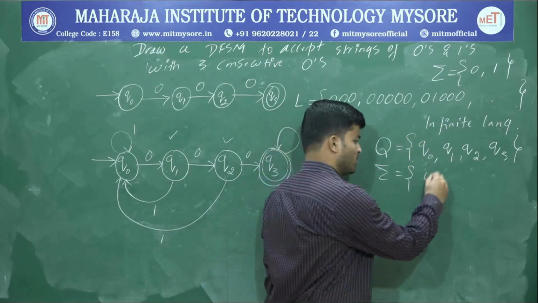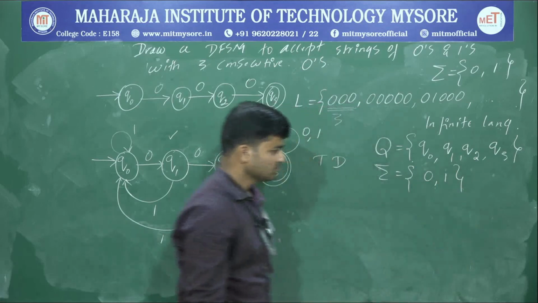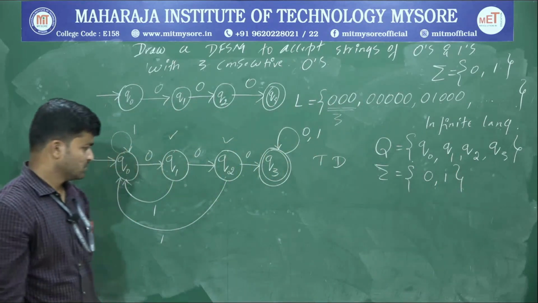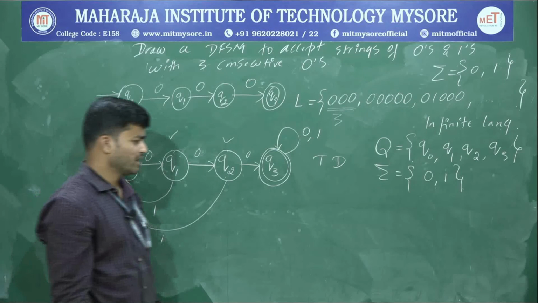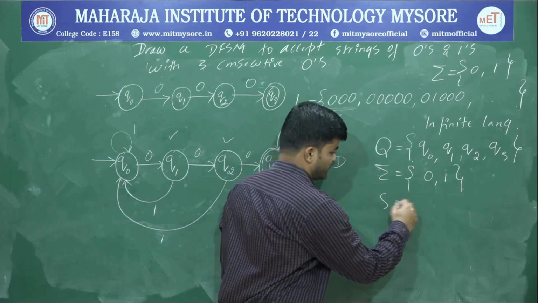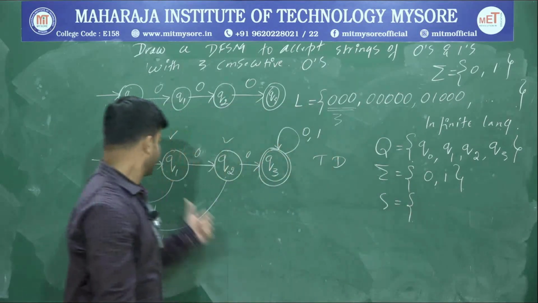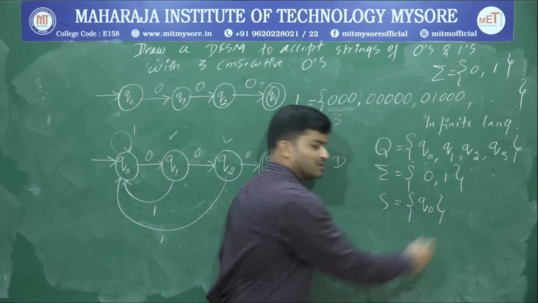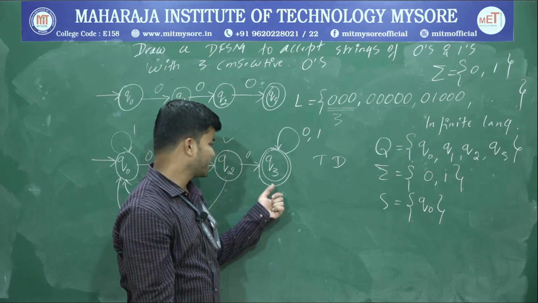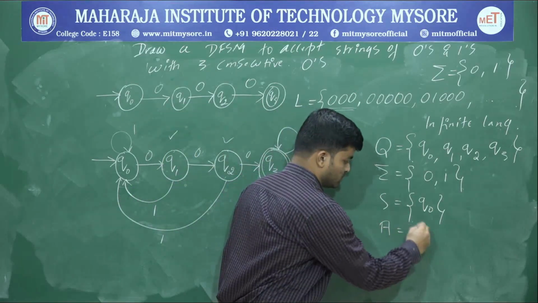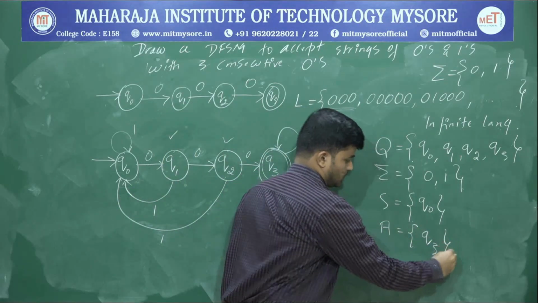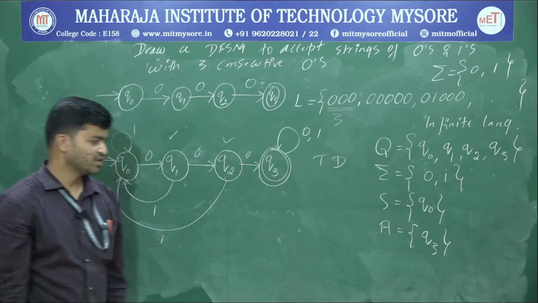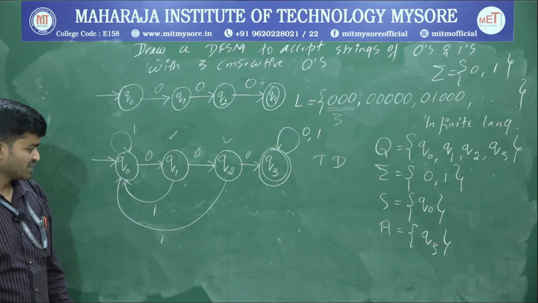Sigma is 0, 1. Okay. So what are the remaining tuples? Delta I will write at the end. So what is the start state? Start state is Q0, and what about the accepting state? Accepting state is Q3.